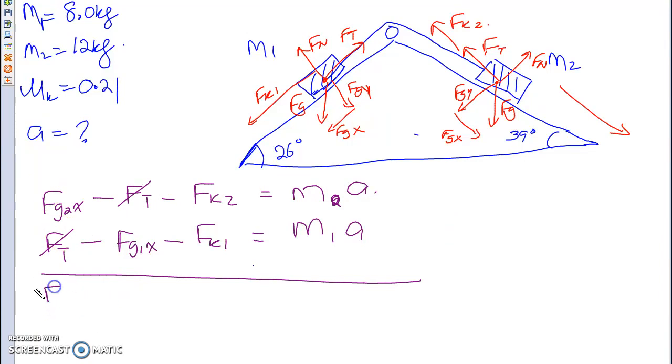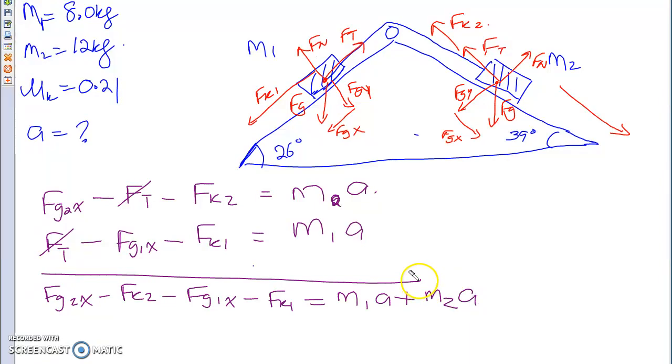So you're left with FG2X minus FK2 minus FG1X minus FK1, which equals mass 1 times acceleration plus mass 2 times acceleration.